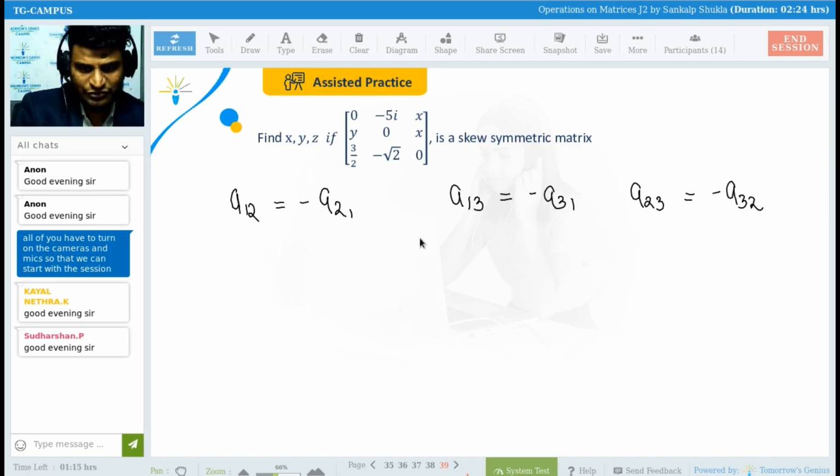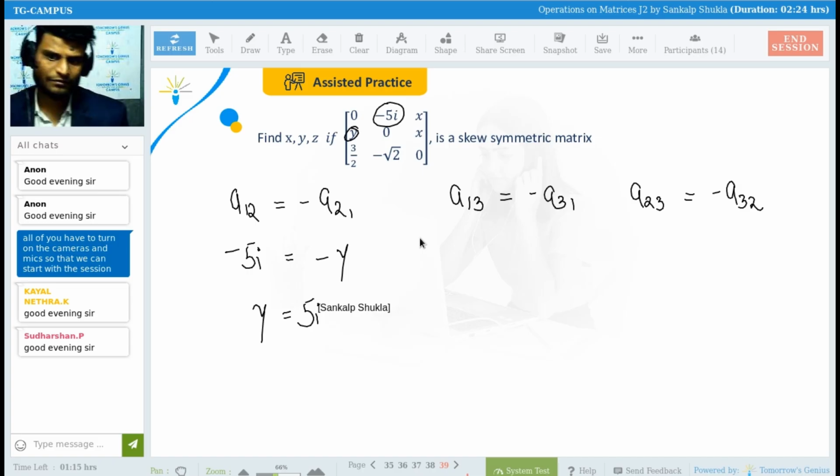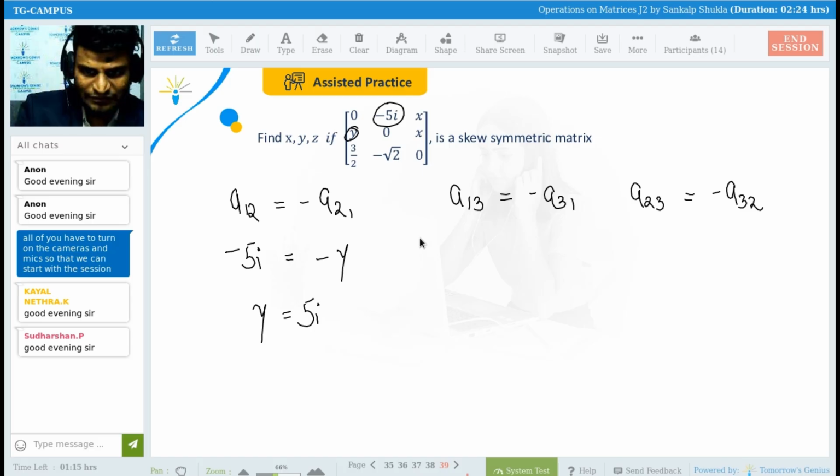A12 is first row, second column, minus 5i, which is equal to minus A21. A21 is second row, first column, it is y. So minus y. That gives me y is equal to 5i. So y we have evaluated. A13, first row, third column, is x, which is equal to minus A31.